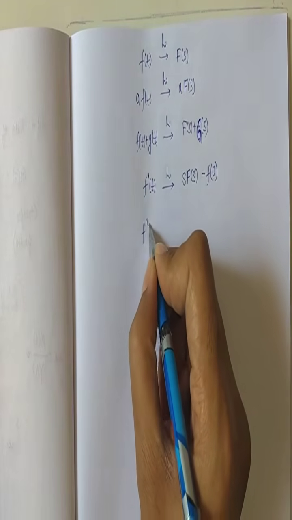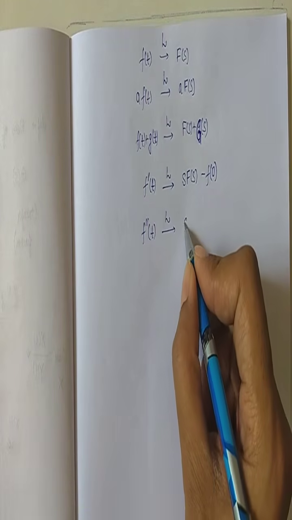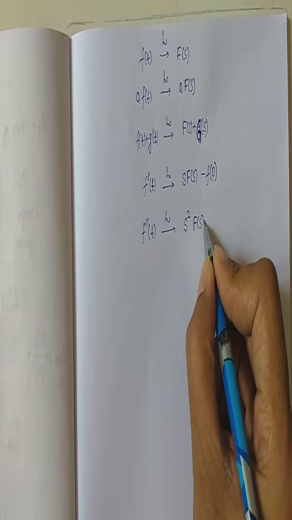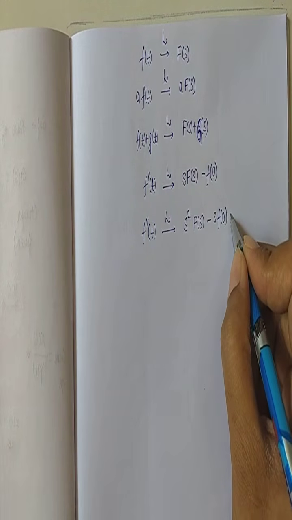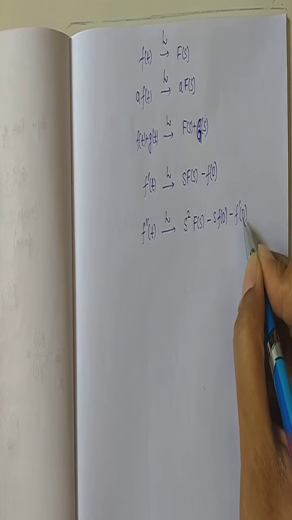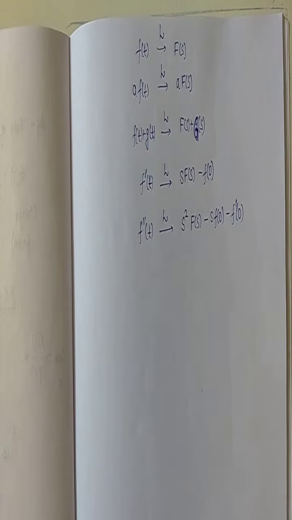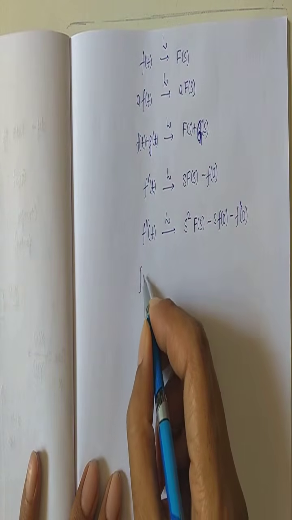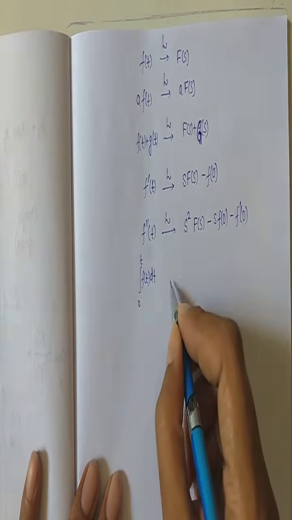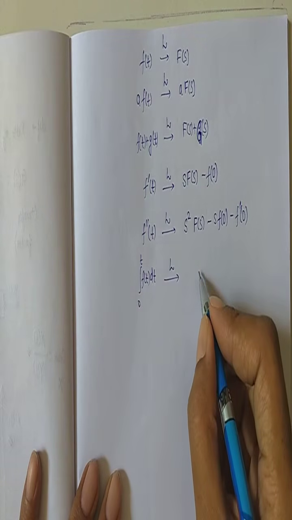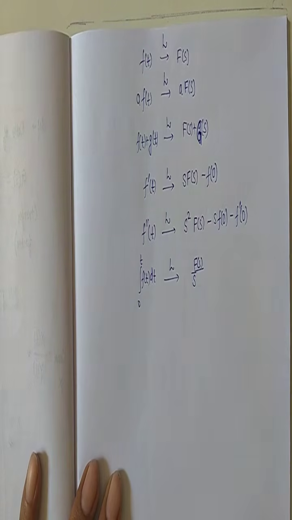Similarly, if you have double differentiation and you do the Laplace transform, you get s square F(s) minus s times small f of the initial condition, minus small f of the initial condition of the derivative of this function. Similarly, if you have the function in this fashion, the integral of f(t) dt from 0 to t, and you do the Laplace transform over it, you will get 1 upon s times F(s), that is, F(s) upon s.